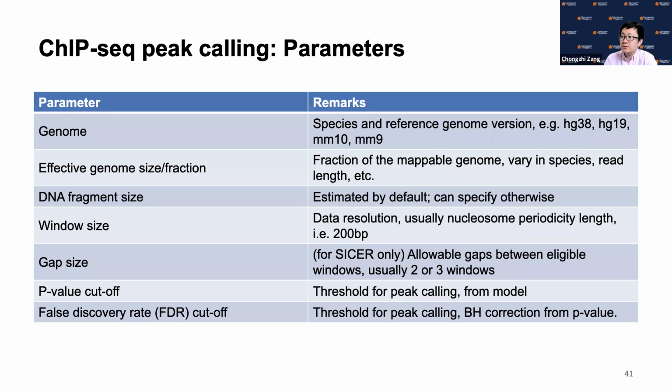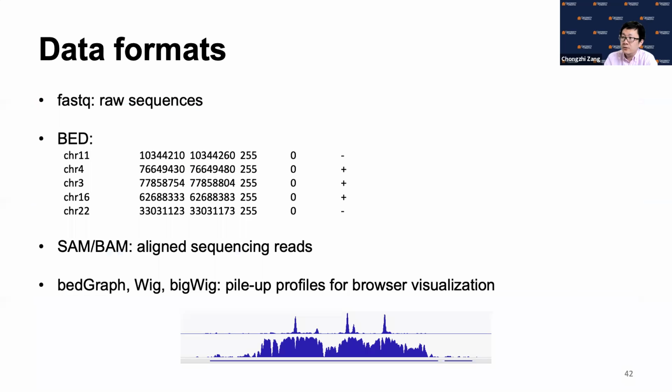For both MACS and SICER, when doing the data analysis, the important parameters we need to pay attention to include those shown on screen. I'm not going to go into the details of those. You can certainly find the information from these slides or from the manual when you really analyze ChIP-seq data.